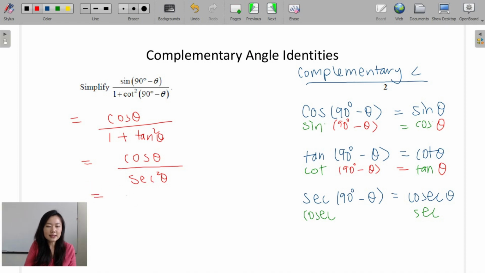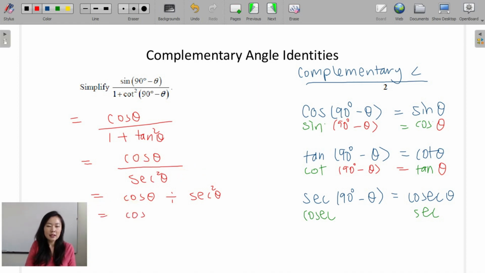So now, what is sec squared? Usually I find that if you're not very good with manipulating fractions, write it like this. I do often get a lot of students confused about the fraction on fraction and end up canceling out the wrong thing or multiplying the wrong thing. So if you want to avoid mistakes, just write it. This is basically cos theta divided by sec theta squared.